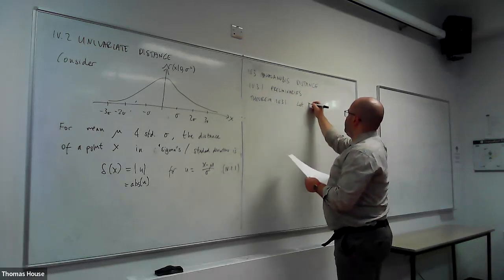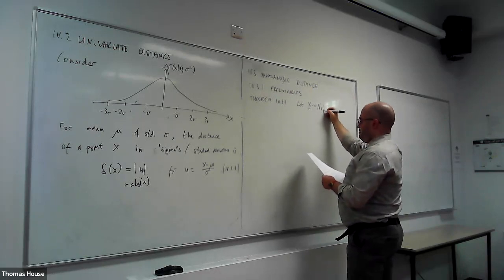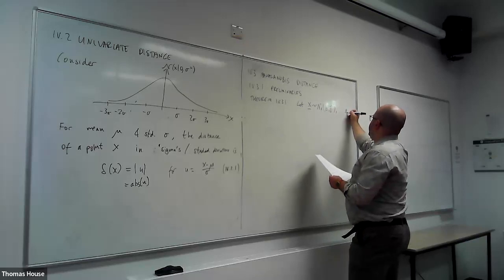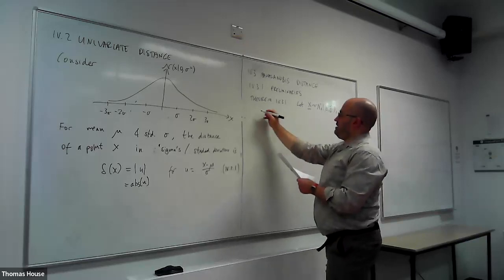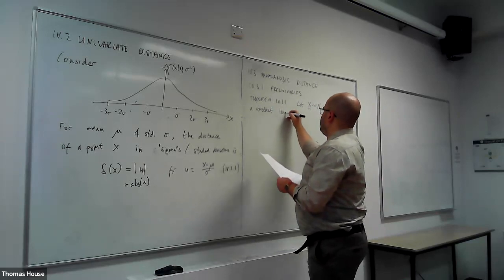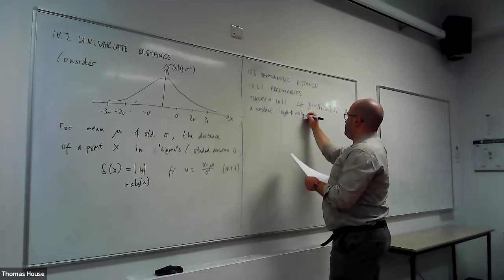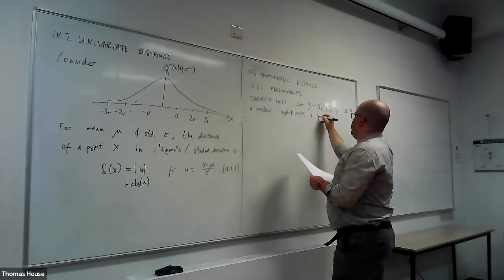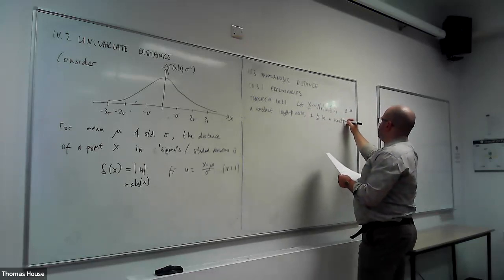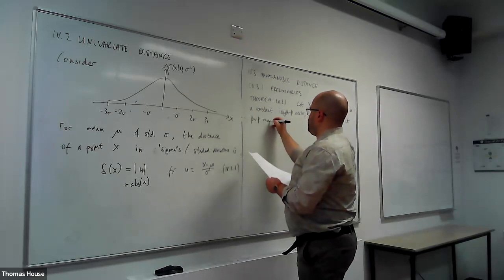So let X go like normal, p-dimensional with mean mu and covariance sigma, and let a be a constant p-vector and A be a constant p by p matrix.